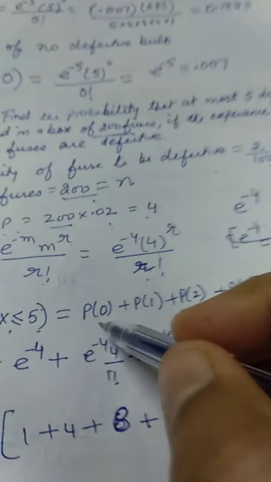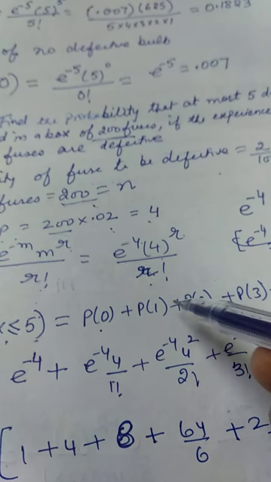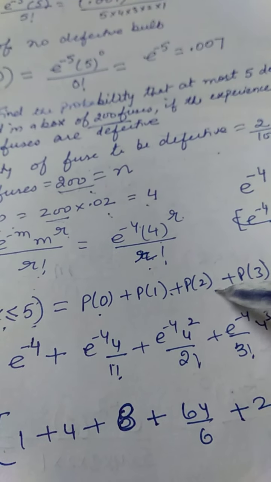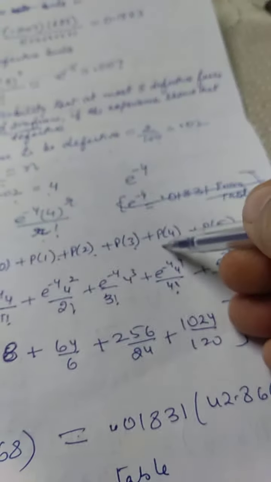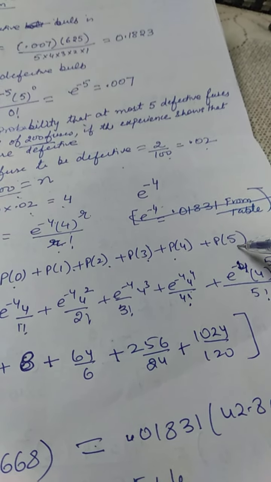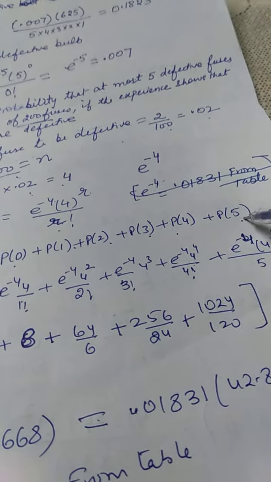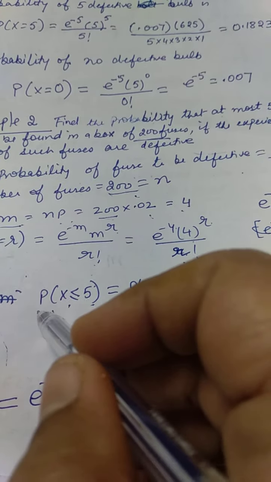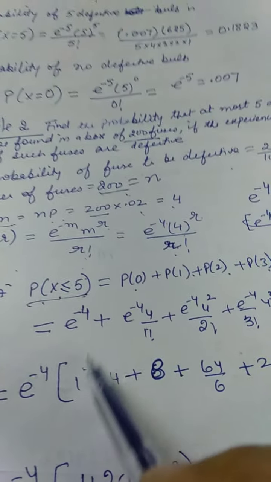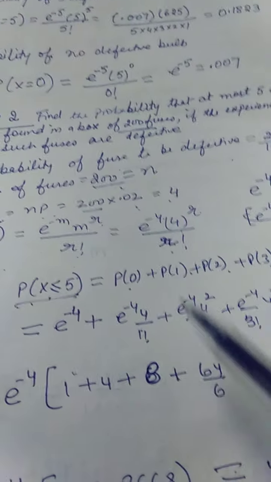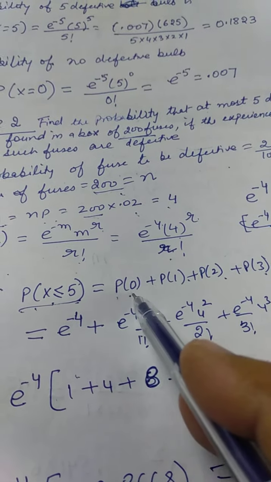So which probabilities will come? No defective, 1 defective, 2 defective, 3 defective, 4 defective and 5 defective. At most 5. 5 is also included. So probability of X is less than or equal to 5. So just put the value of probability of 0. Probability of 0, how will you calculate it?